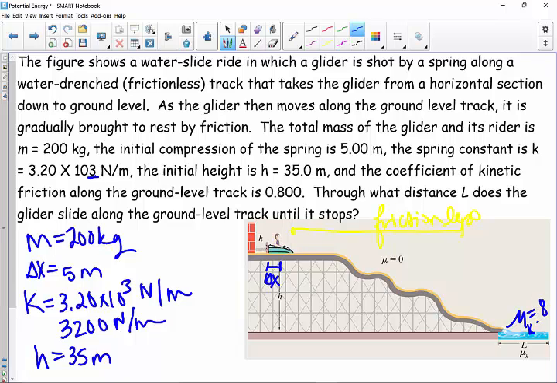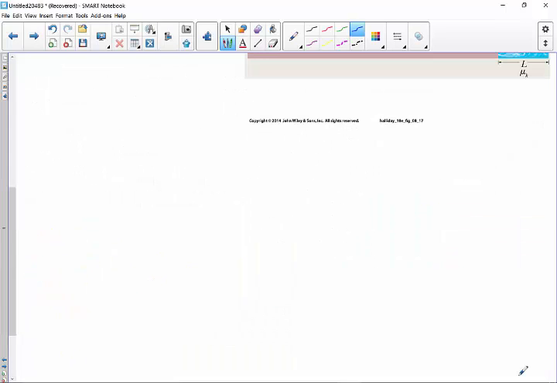Okay. Through what distance L does the glider slide along the ground level track? So this is what we're looking for. What is L? What is the distance that the rider travels before it comes to a complete stop? Well, let's see. All right, so let's set this up as we've done before.